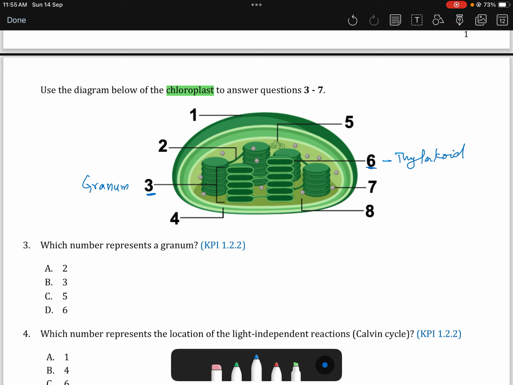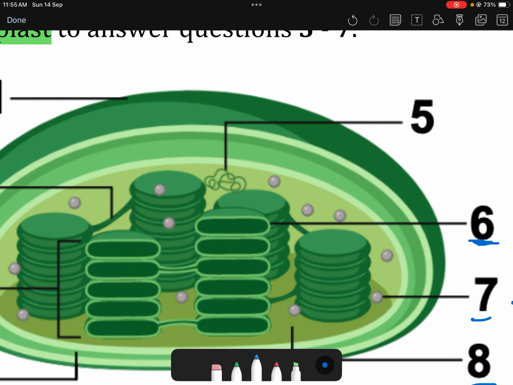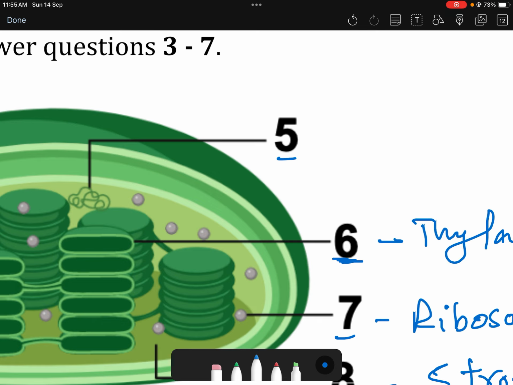It's singular, so when there are many granum labeled together, it's grana. Now 8 is the liquid that we studied, the stroma. The 7, the small circles over here, are ribosomes. And the 5, the thread-like structures over here, is DNA.